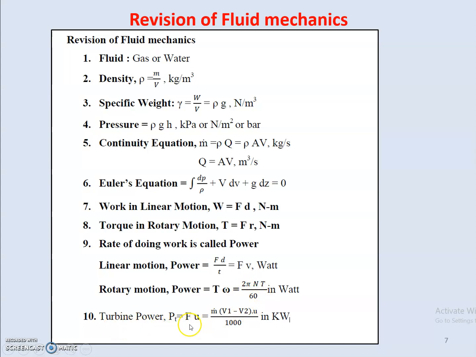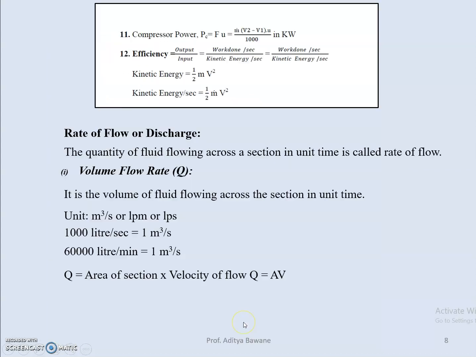Now turbine power is force into blade velocity, that is m dot (v1 minus v2) into u by 1000. Compressor power is again force into blade velocity, but in this case m dot (v2 minus v1) into u by 1000, which is reverse to that of a turbine. Efficiency is again output by input, that is, work done per second by kinetic energy of fluid.